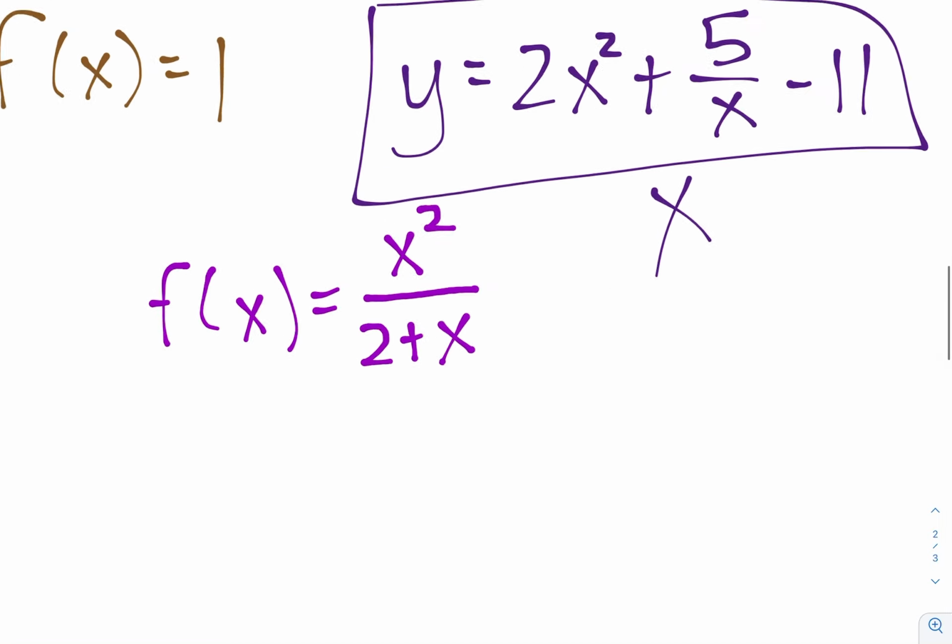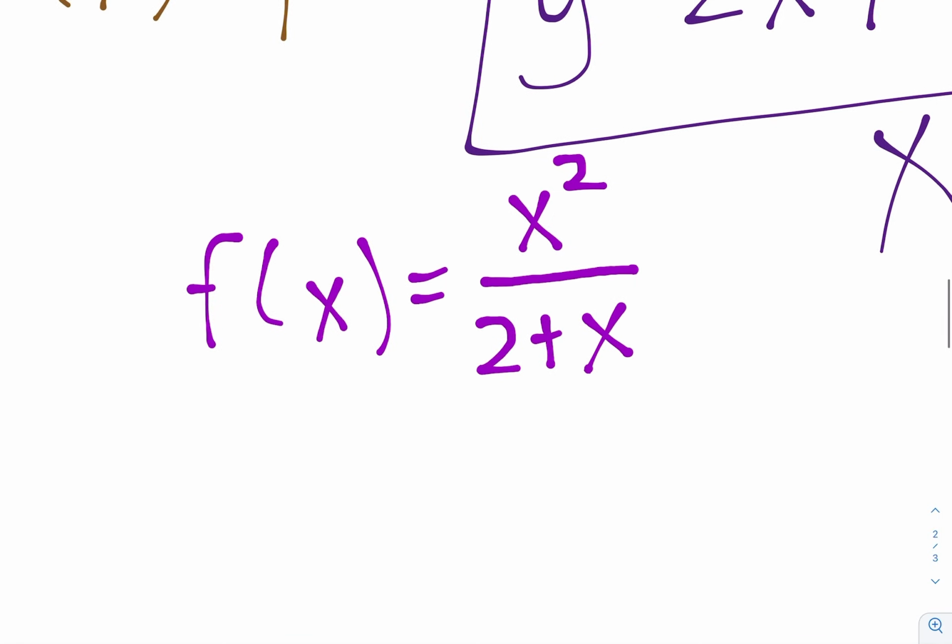Okay, let's move on to this last one here. We got f of x, our function, that equals x squared divided by 2 plus x. Let's think here. We know x squared is a polynomial itself because we have x, our variable, being raised to a positive whole number.